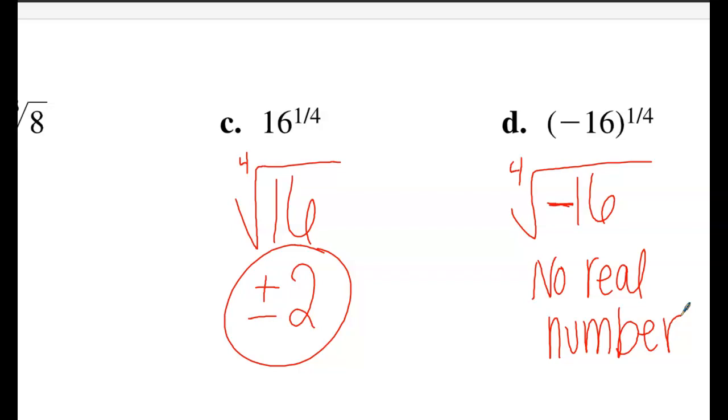And I told you that there's things called imaginary numbers. This is an imaginary number. So there is an answer to this, it's just an imaginary number. No real number is what our answer is going to be. I know. That's why I'm making that correction now. Okay.